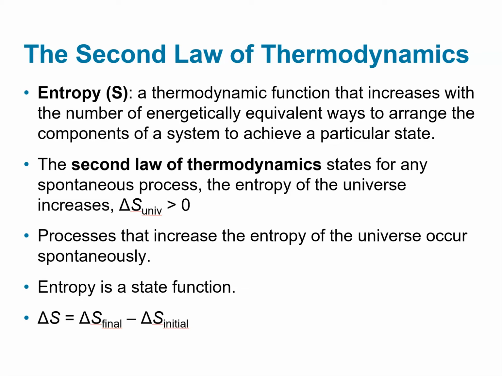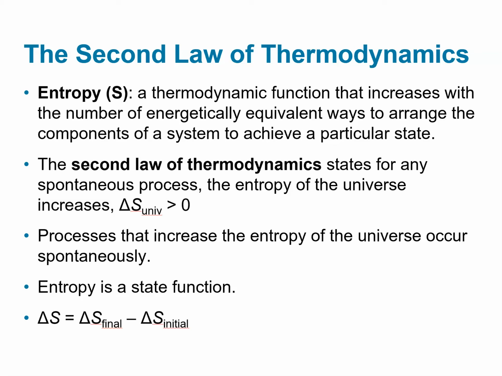So let's zoom in even more. Second law of thermodynamics. Entropy is a thermodynamic function that increases with the number of energetically equivalent ways to arrange the components of a system to achieve a particular state. Well, that's a nice way to say that the more ways you can organize a particle, either in its macrostate or its microstate, the higher the entropy is going to be.